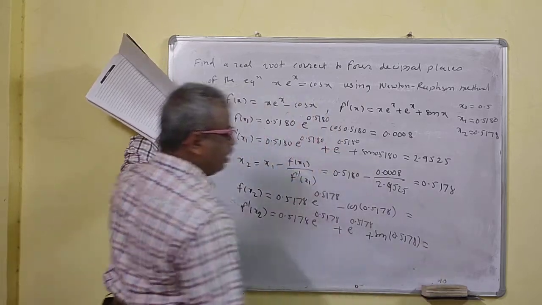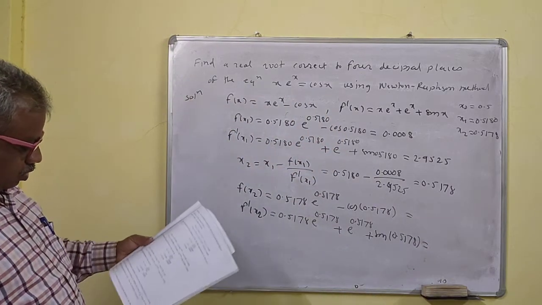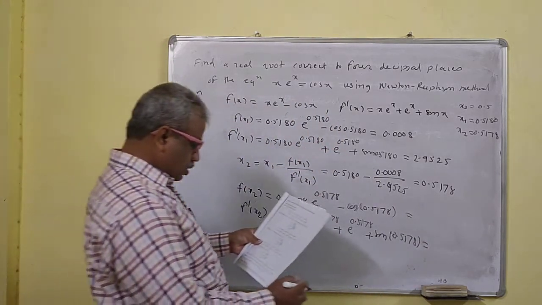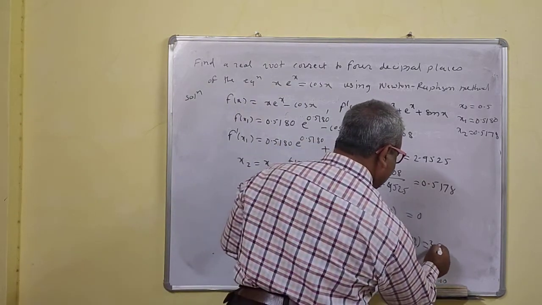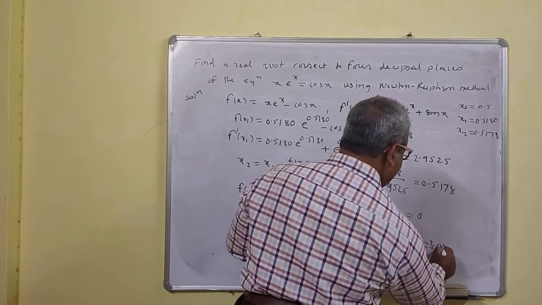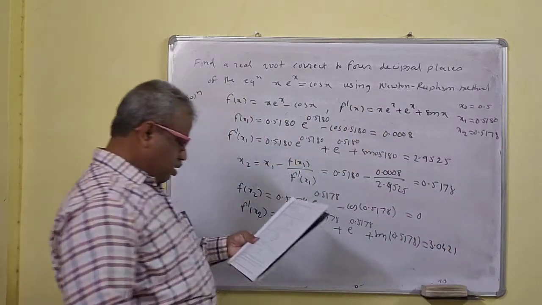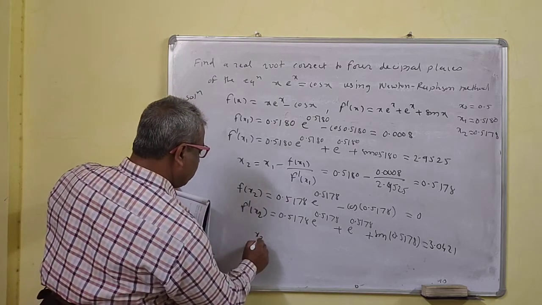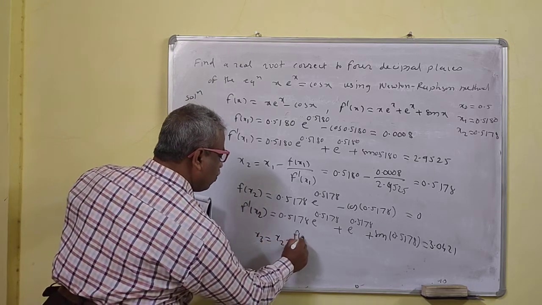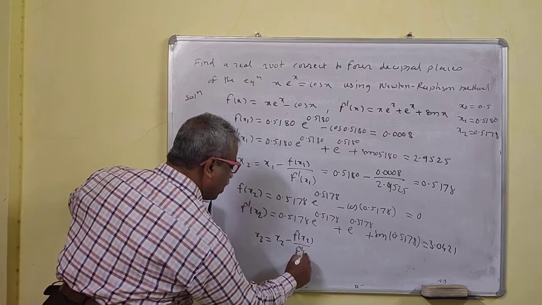So this value is 0.0 and this one is 3.0421. Now your x3 will be x2 minus f of x2 upon f prime x2.